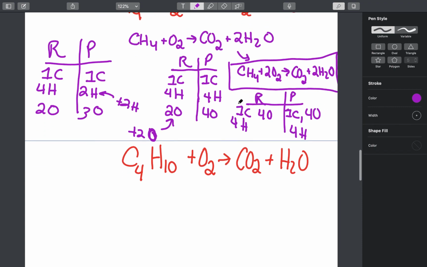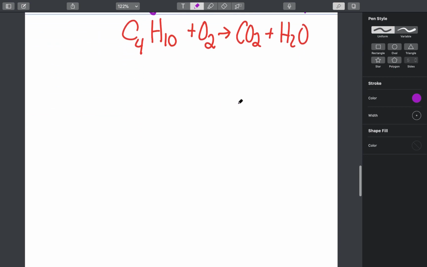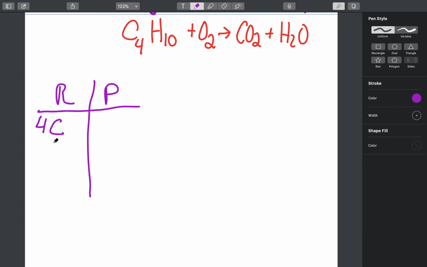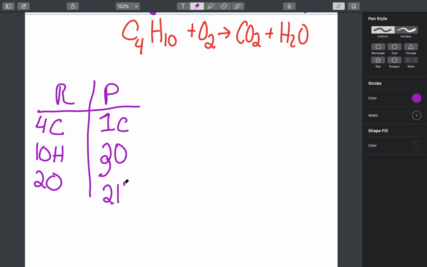So let's go on to the second one here. So let's create our reactants and products table. So we have 4 carbons on the reactant side, 10 hydrogens, and 2 oxygens. And on this side, we have 1 carbon, 3 oxygens, and then 2 hydrogens.